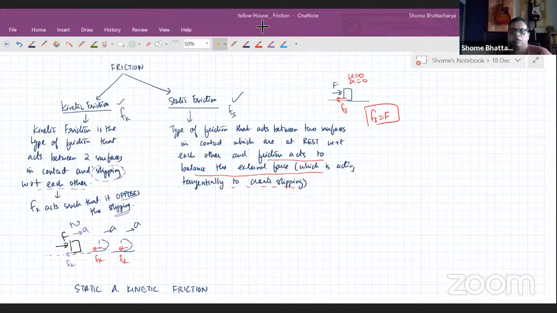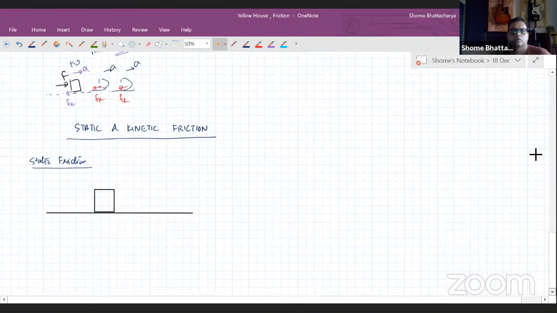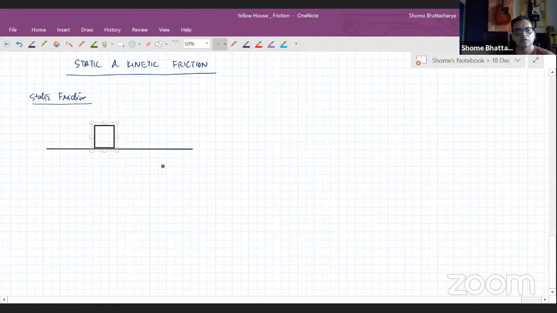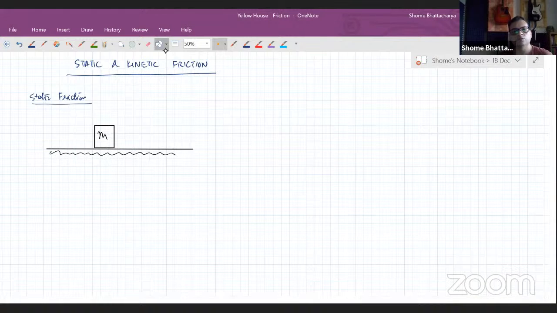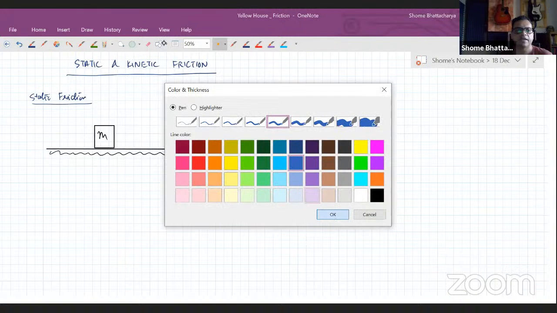Okay. Yeah. So coming back to the factors on which static and kinetic friction depend. Suppose we are doing an experiment where we have a block of certain mass lying on the ground, and we apply an external force on it in such a way that the force is increasing very slowly with time.